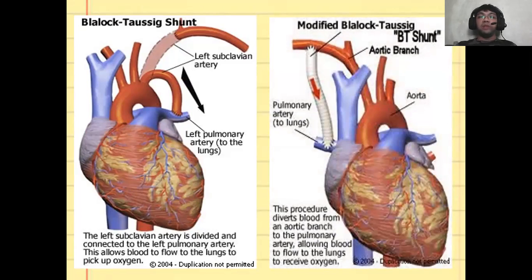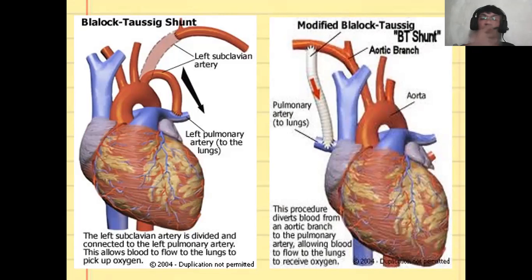It's now known as the modified Blalock-Taussig procedure or the BT shunt, wherein the doctor will divert the blood from the aortic branch, which is here, the right subclavian artery, into the pulmonary artery, allowing blood to flow to the lungs in order for oxygenation. So they're going to use a graft instead of using the left subclavian artery.